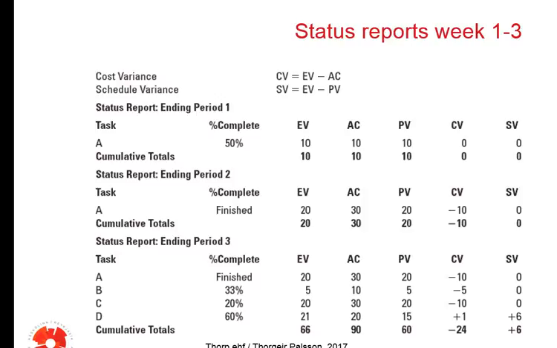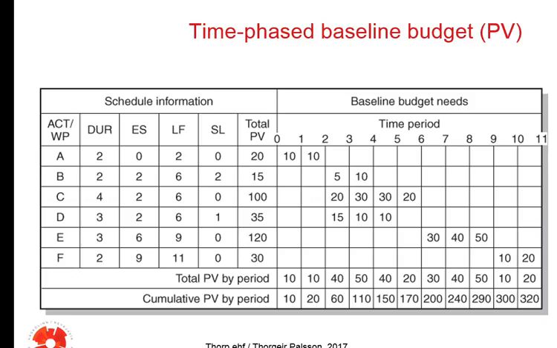And this status report shows you how much of the task is completed. After period 1, only 10% of task A is completed. And how is that possible? Well, that is because A is 20 altogether, but only 10 in each time unit, okay?